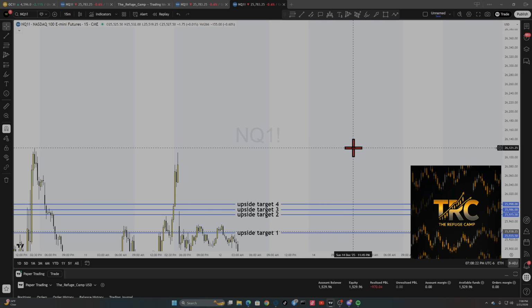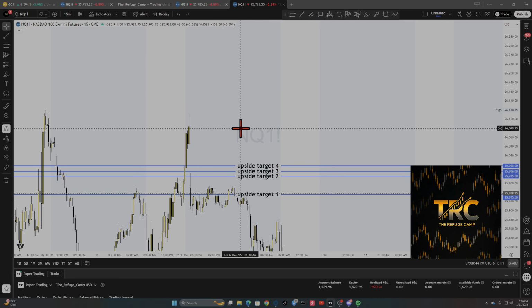So 26,120, 121 to 107. So we have a clear rejection and reversal with a big gap down from 120, right? We got double top peaks, just about equal highs, right? What did I tell you about when we see equal lows on a bigger time frame?